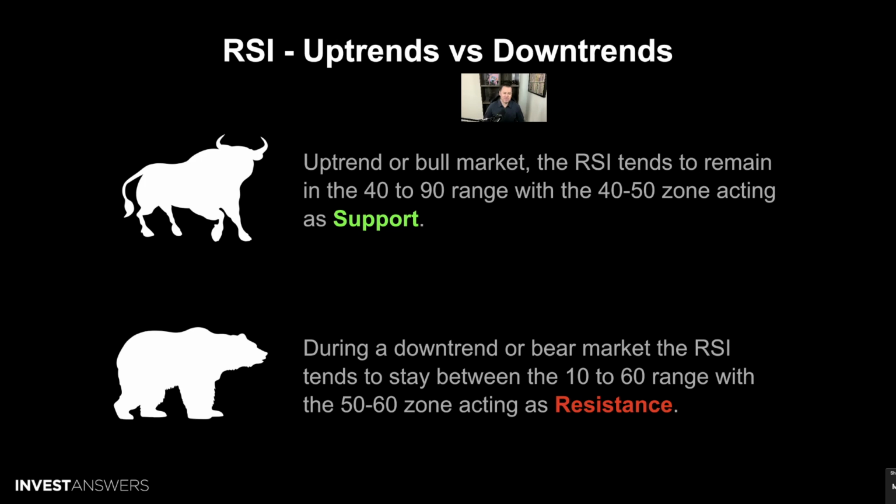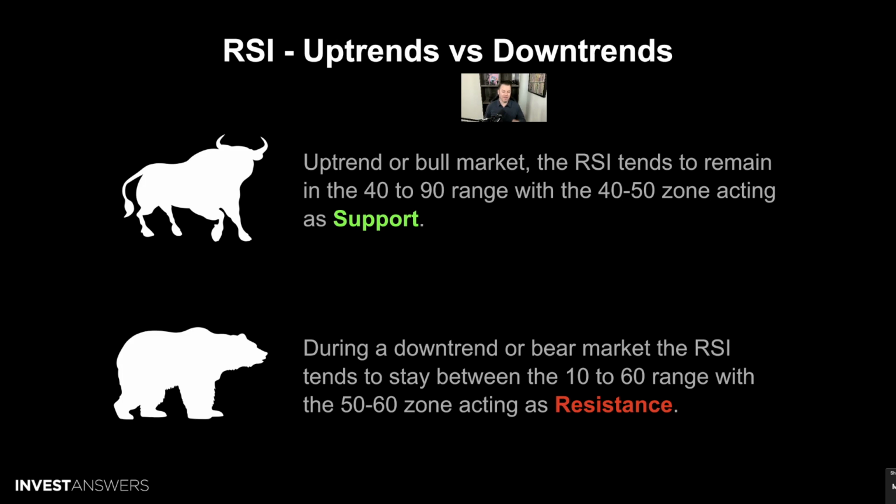So the uptrend or bull market is when the RSI tends to remain in the 40 to 90 range. Remember, we had the 30, 70 area. This is the 40 to 90, with the 40 to 50 zone acting as support. And that's very important. We'll talk about that later because if you crash through support and you know where the support line is using RSI, it can be a very good indicator to get out of a trade.